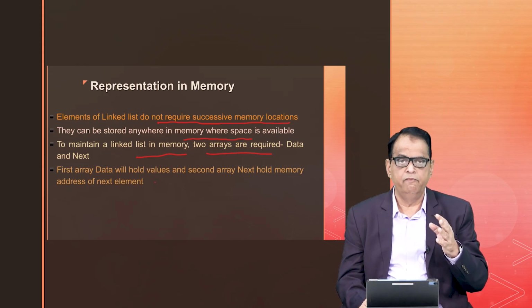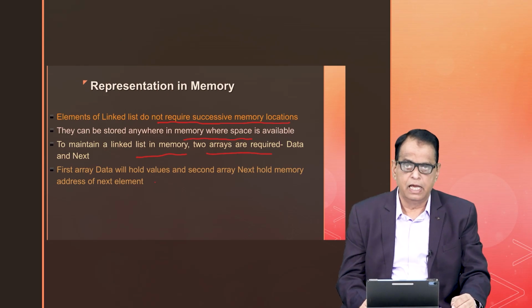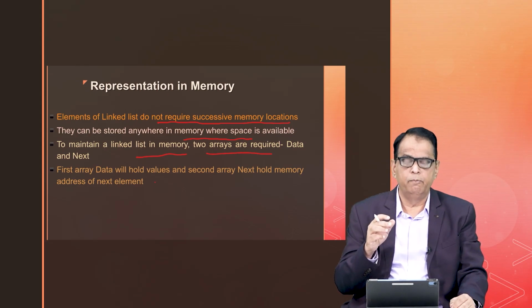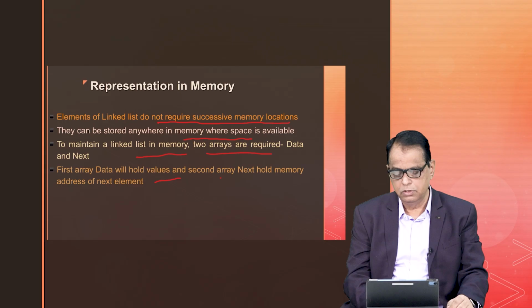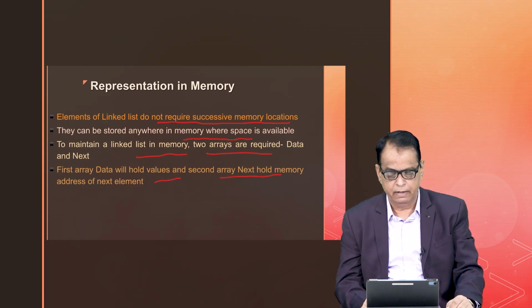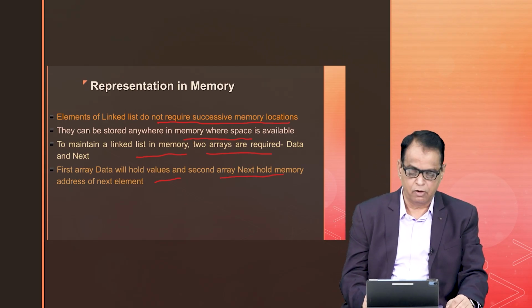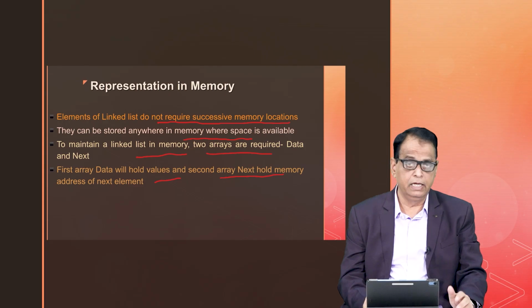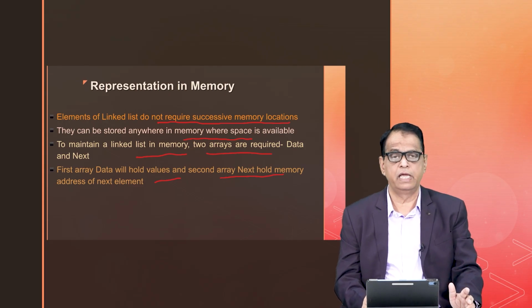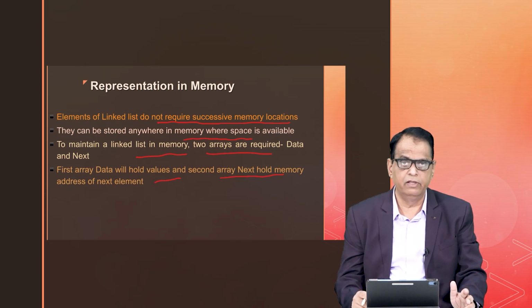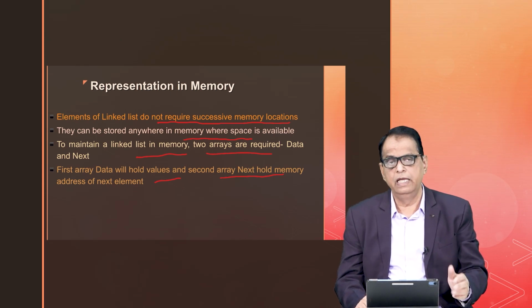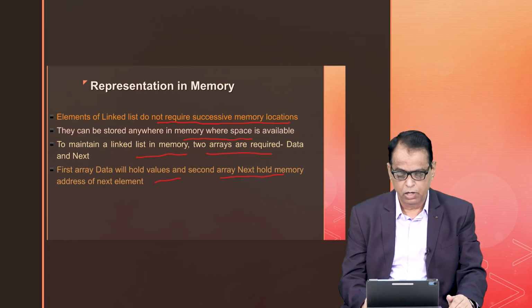The data array will hold the values of the elements, and the next array will hold the memory address of the next element. Linked lists can be implemented by using arrays, because there is no default data structure provided for creating a linked list. So normally linked lists are created using arrays.